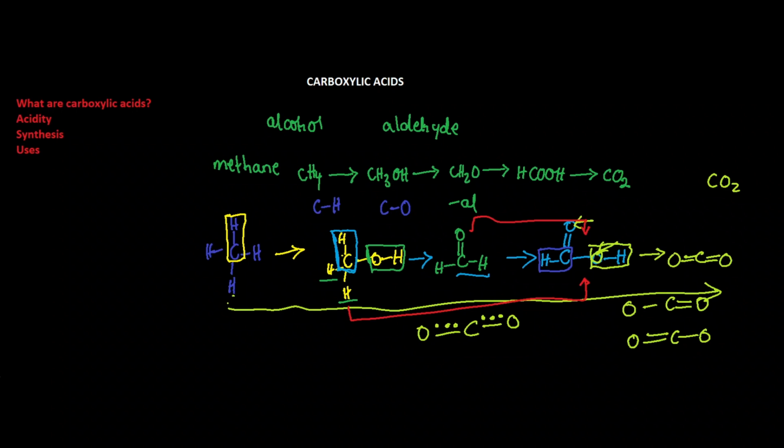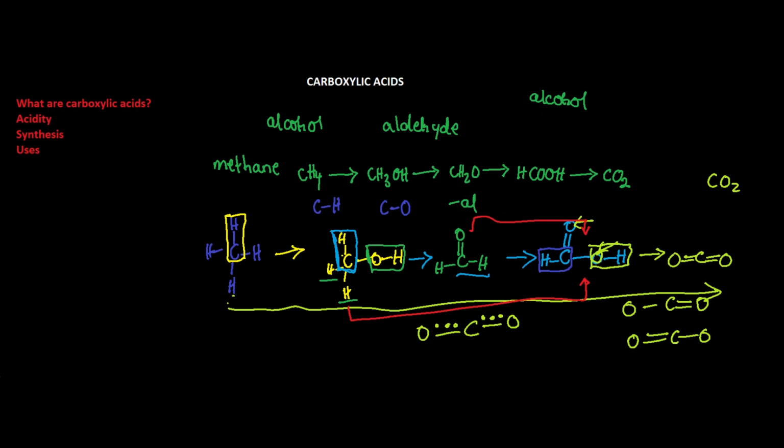Now it's also important for us to take note of the fact that yeast actually has the ability to ferment sugar and produce alcohol. Now this alcohol, as we have seen on further oxidation, becomes carboxylic acid, and carboxylic acid is actually responsible for the sour taste that we have in some juices. So it's important for us to take note of that.